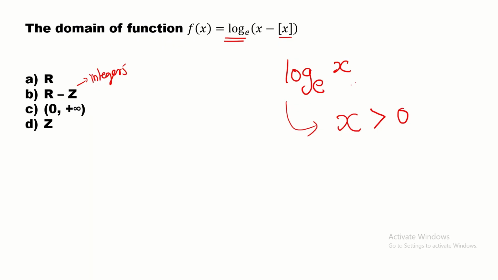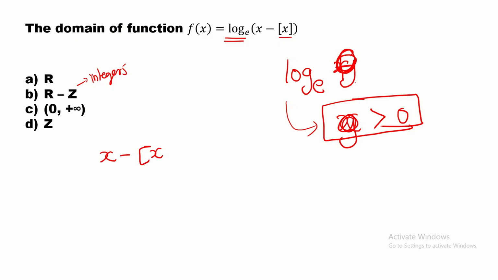Then only is the log function defined, and that defines the domain of the function. So over here, in place of x, let's say we write g and g greater than 0. Then in place of g we have x minus greatest integer of x is greater than 0.